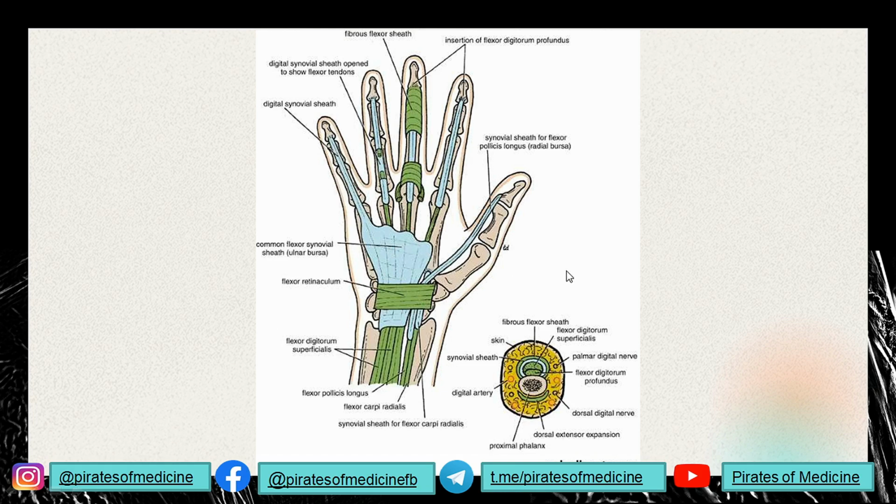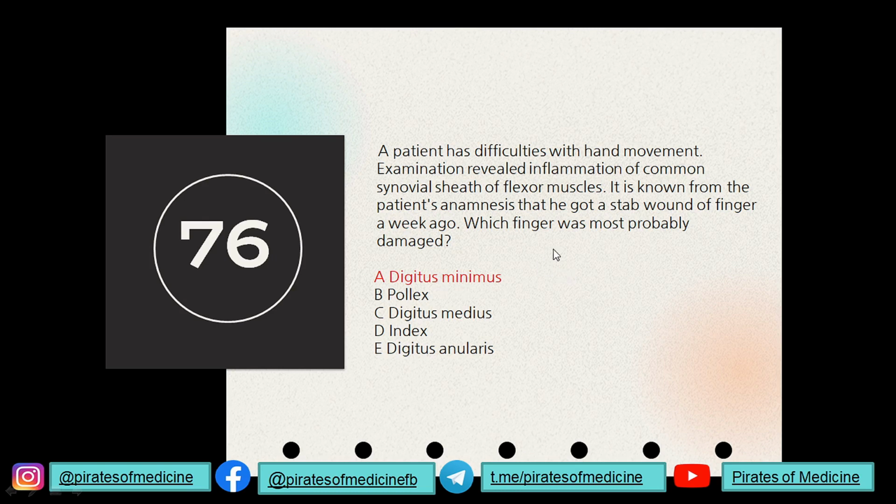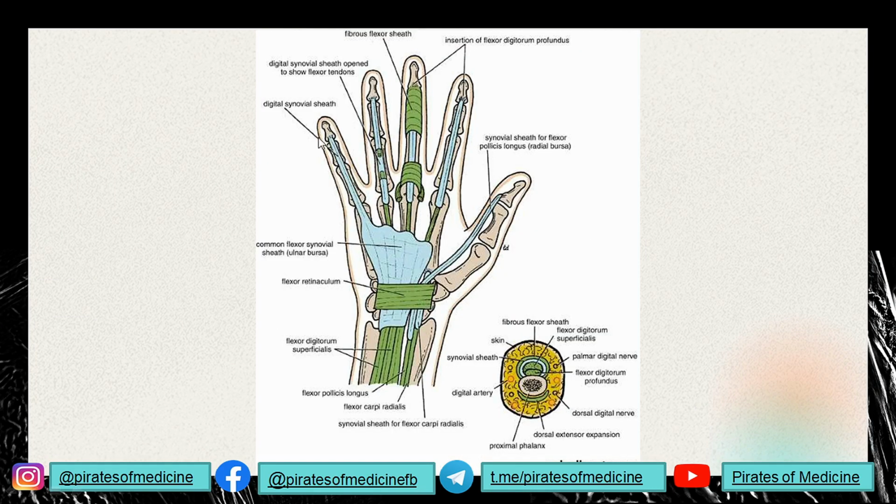So this is what happened in the patient over here: he got a stab wound of the digitus minimus, the smallest finger, which led to the inflammation of the common synovial sheath of the flexor muscle. Simple anatomy: if you know that the synovial sheath of the little finger is connected with the common flexor synovial sheath, you'll understand the infection can spread from here to here pretty easily. Correct? So let's go to the next one.